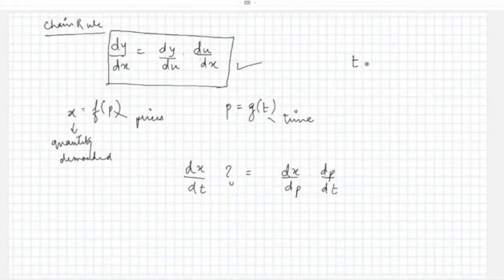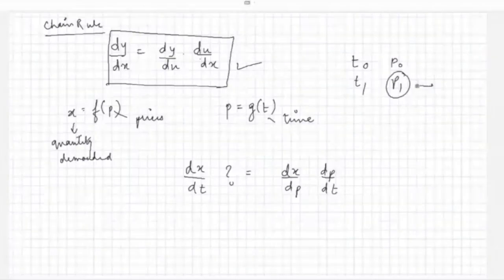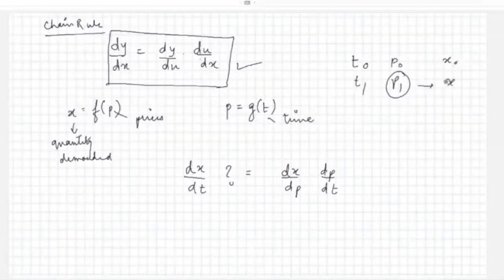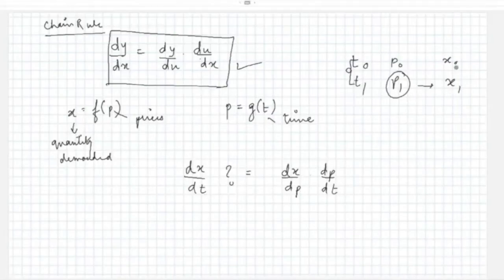When you move from one time period to another time period, the prices will change, and at this new price, the quantity will change. So we can say that with the unit change in time, this is the change in quantity, and that is given by dx by dt, and that is the meaning of composite function.